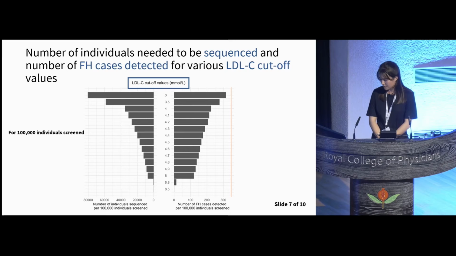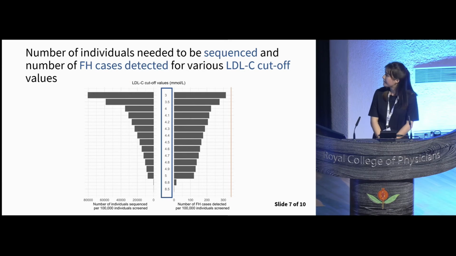So these are the results that we obtained after modeling this two-stage screen in the UK Biobank for various LDL cholesterol cutoff values. So we've converted the numbers obtained for 100,000 individuals screened, which is shown in this figure. Here I've highlighted the various LDL cholesterol threshold values that we tested.